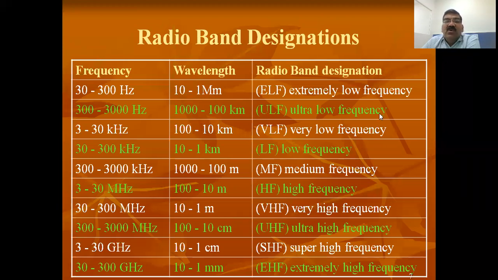Ultra low frequency is 30 to 300 hertz, very low frequency 3 to 30 kilohertz, low frequency 30 to 300 kilohertz, medium frequency 300 to 3000 kilohertz, high frequency 3 to 30 megahertz, very high frequency 30 to 300 megahertz, and ultra high frequency 300 to 3000 megahertz, super high frequency 3 to 30 gigahertz, and extremely high frequency 30 to 300 gigahertz.